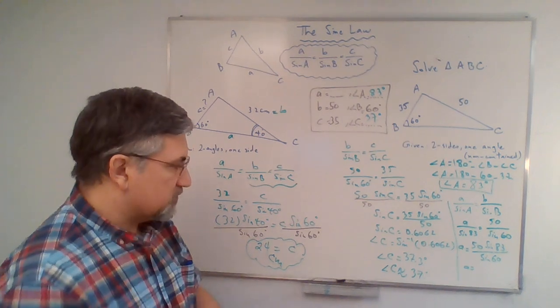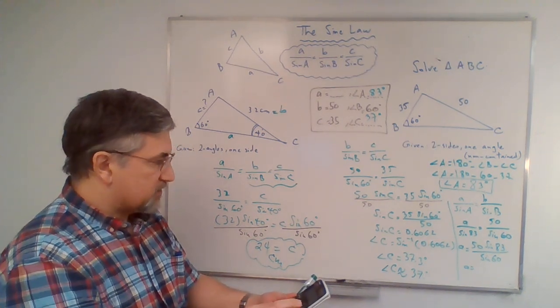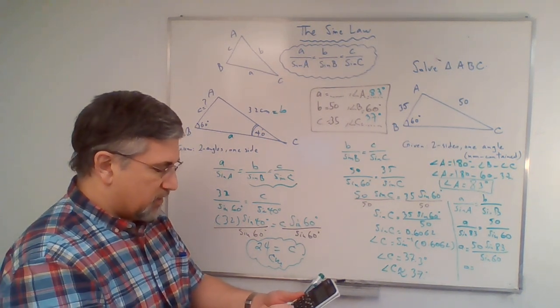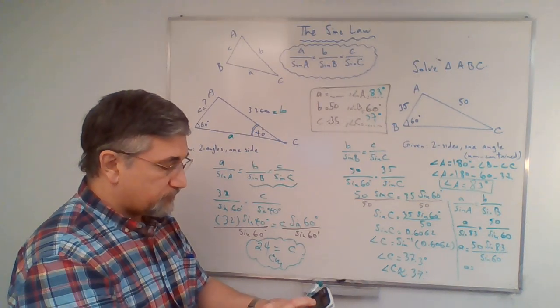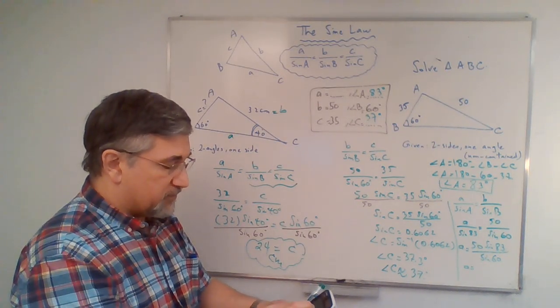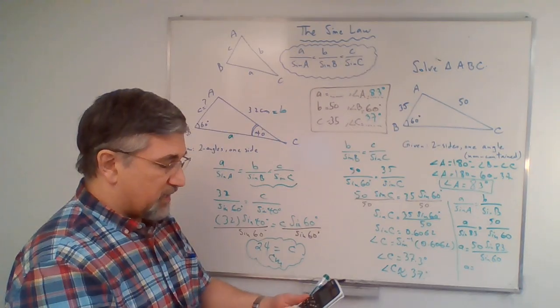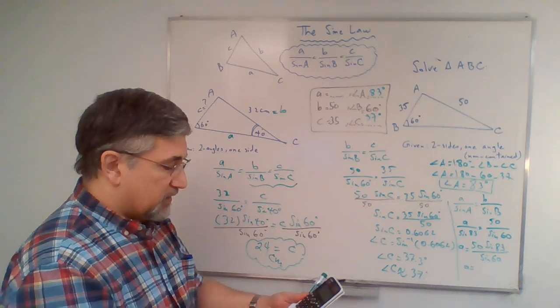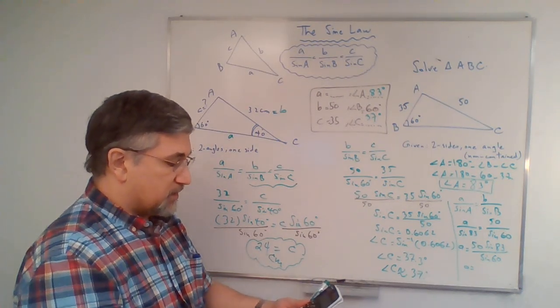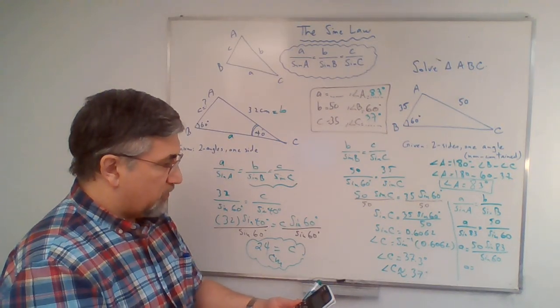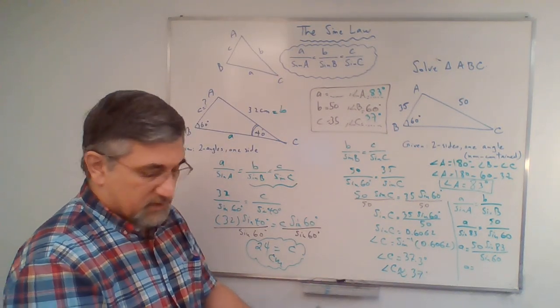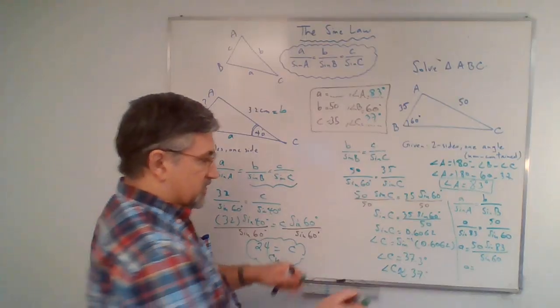We need a calculator again. 50 times sine 83 divided by sine of 60. We have to be very careful with the closed brackets, open brackets on the calculator. And yes, I got 57.3. I hope you got the same answer.